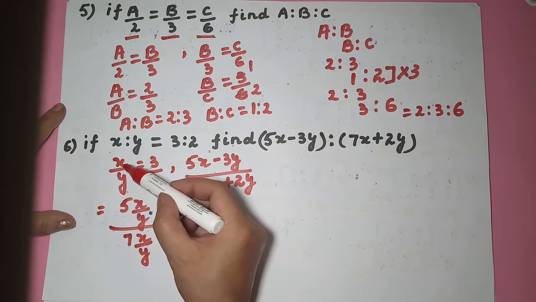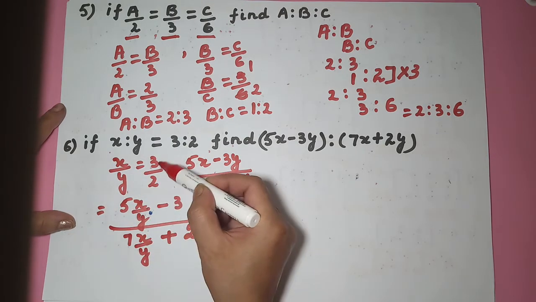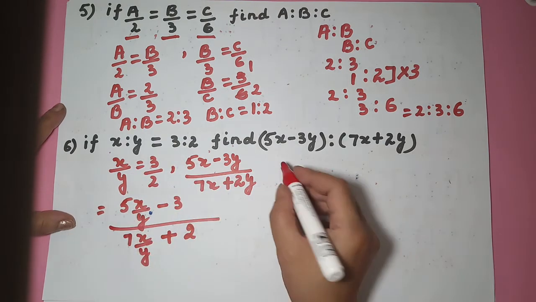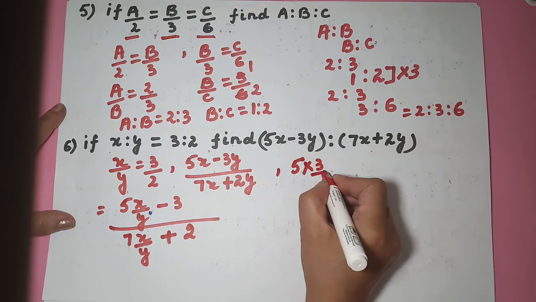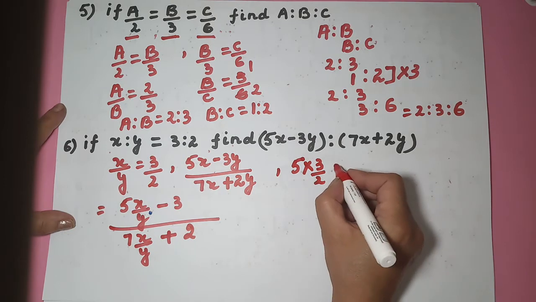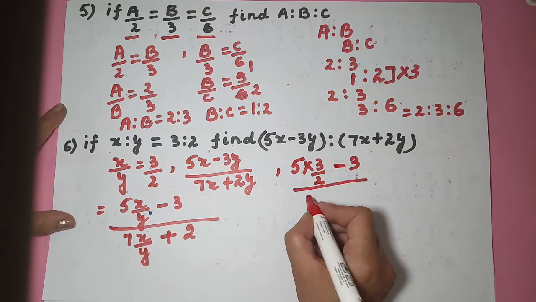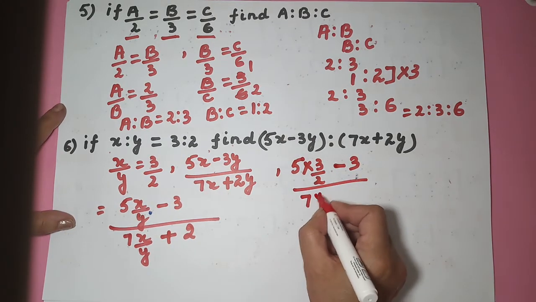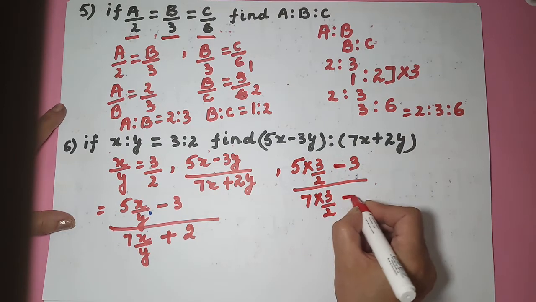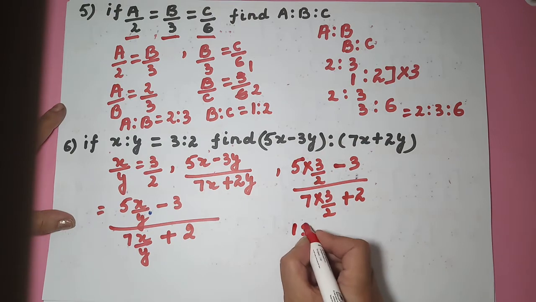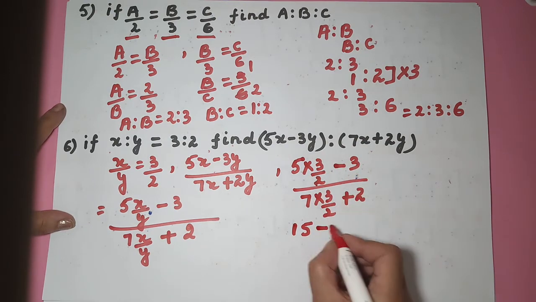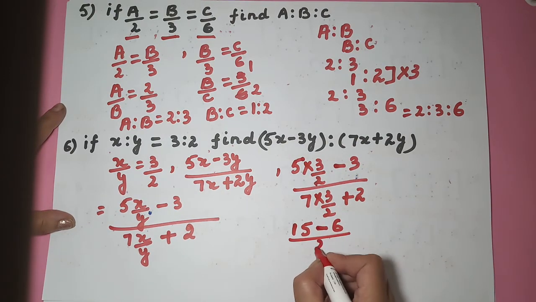Right? Now we have the value for x upon y, that is 3 by 2. We will substitute that here. So we will get 5 into 3 by 2 minus 3, divided by 7 into 3 by 2 plus 2. So that will give me 15, taking 2 as LCM, minus 6 divided by 2.